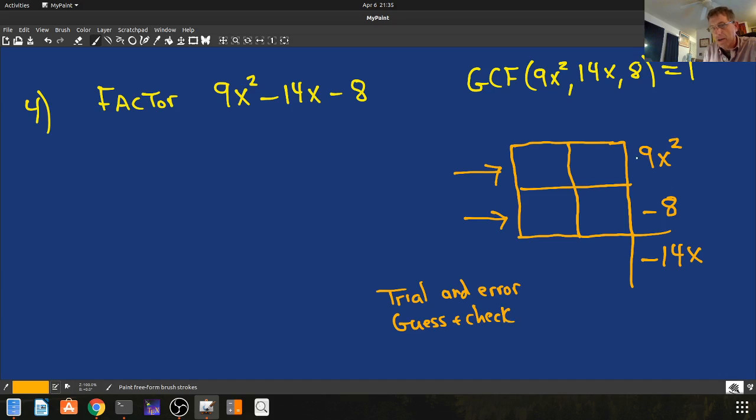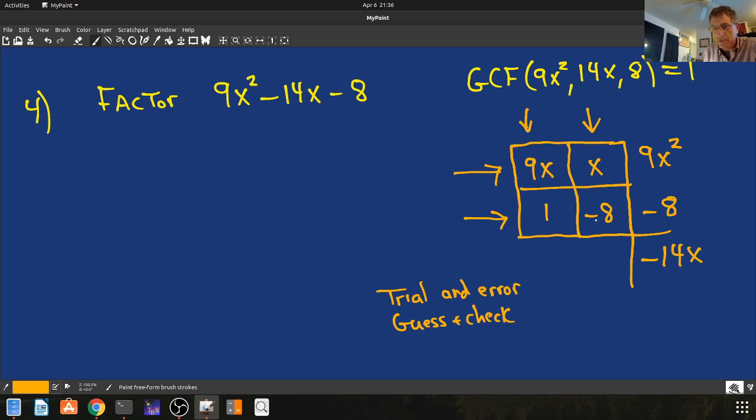So, I don't really know, but I'm going to try 9x and x. So 9x times x is 9x squared. So for minus 8, I'm going to try minus 8 and 1. And then I do the downward multiplication.